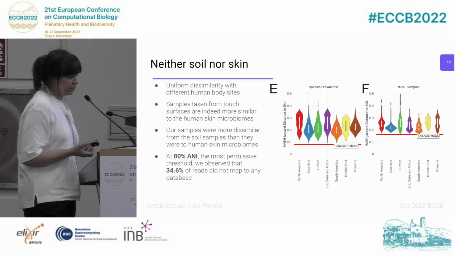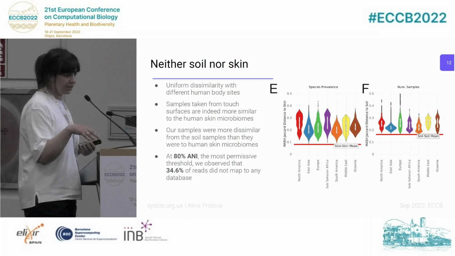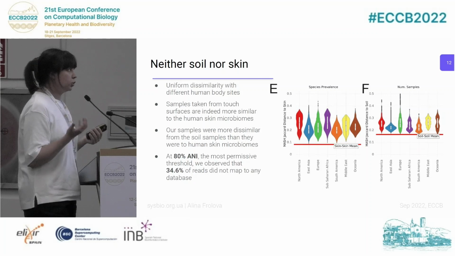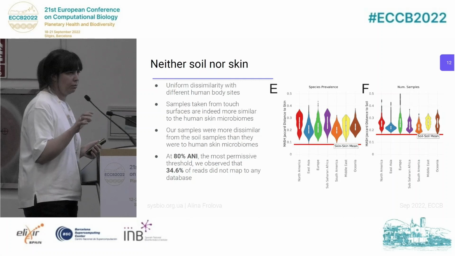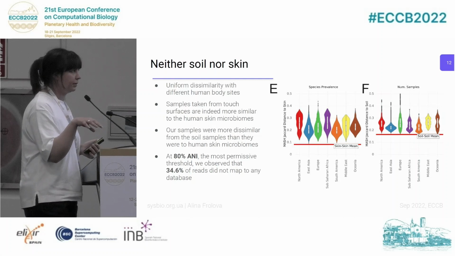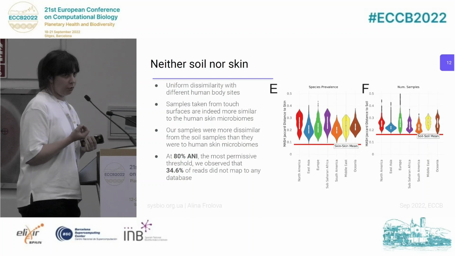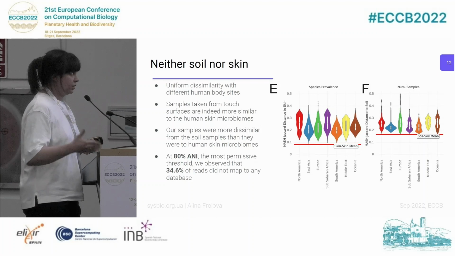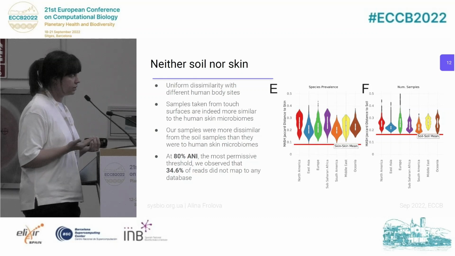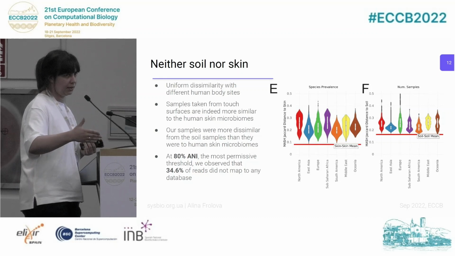And even with the most relaxed constraints, we still found on average 40% of the samples being unknown DNA. So it's either a unique microbiome of this urban environment, or maybe it's still part of the commensal microbiome or the soil microbiome, which we still want to answer in the future because we continue the study.